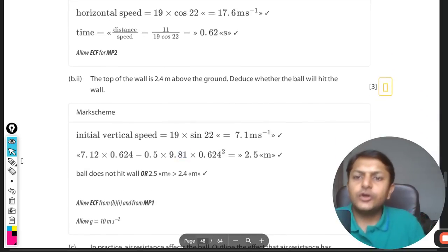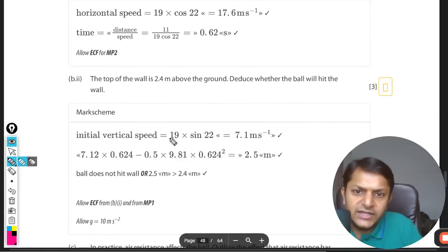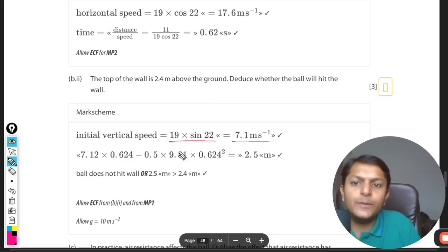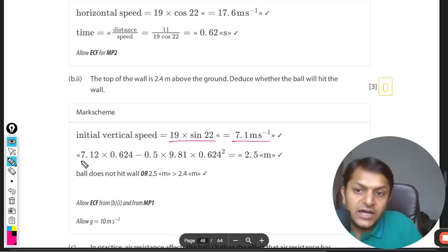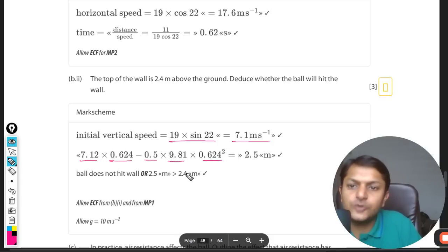Yes. So the initial vertical speed is 19 sine theta, which is 7.1. And then you apply s equals ut plus half at square, exactly the same thing that we did. ut minus half gt square.